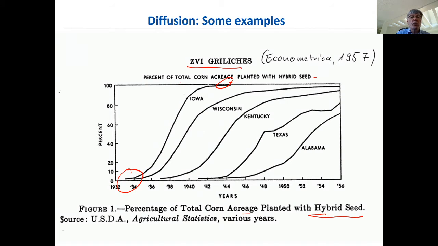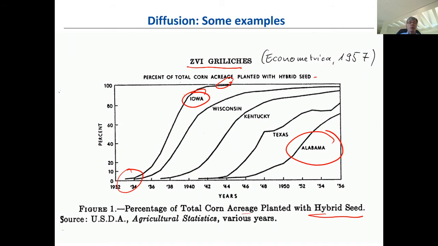And what you see is that Iowa farmers started to adopt these hybrid seeds much earlier than the Alabama farmers. Then the question is, why is that so? Are Alabama farmers that much more stupid, or in the terms of Schumpeter, more indolent or more ignorant?